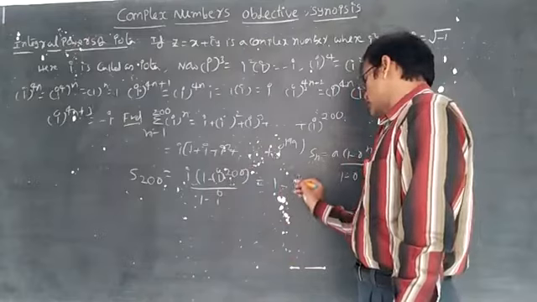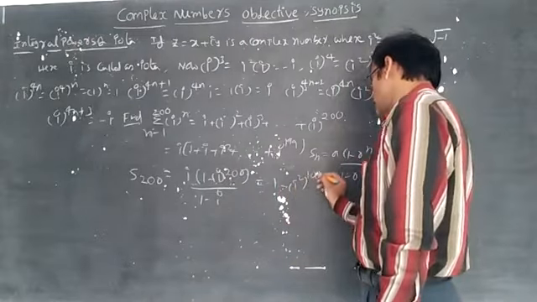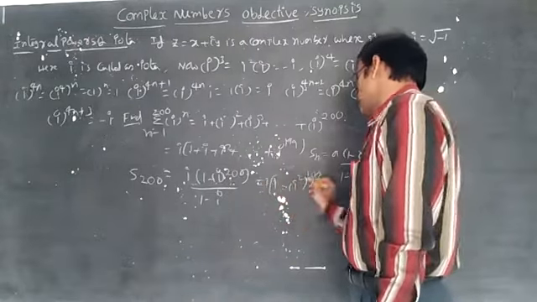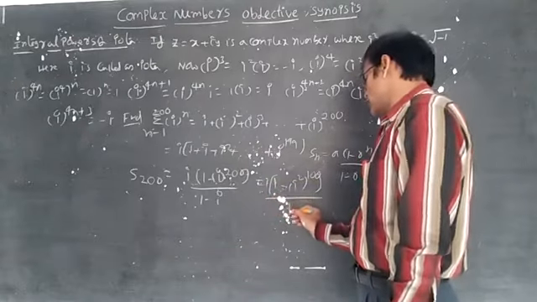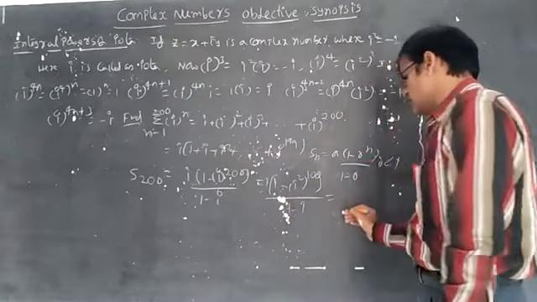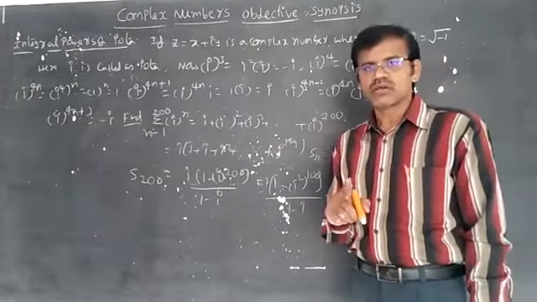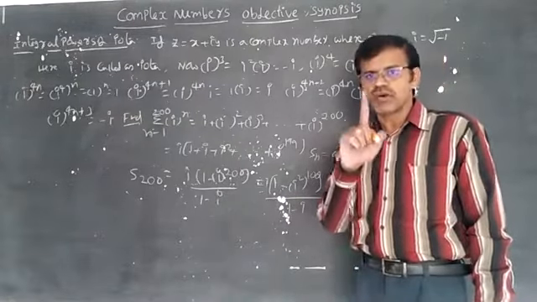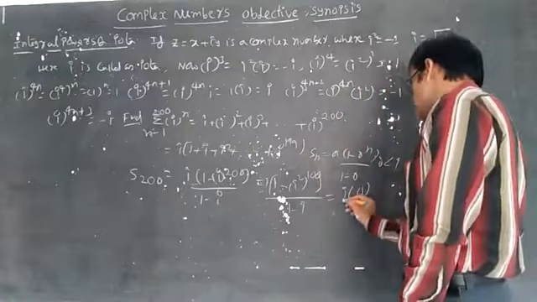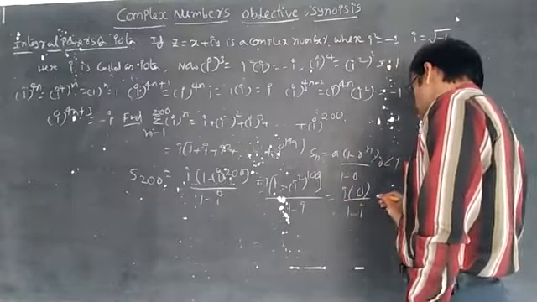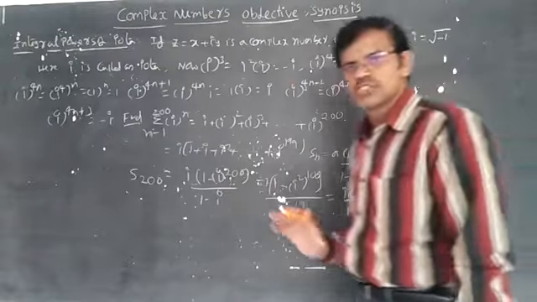So i into 1 minus (i square) whole power 100 by 1 minus i. i square means -1. (-1) whole power 100 means 1. So 1 minus 1 becomes 0. 0 by 1 minus i, so i into 0 means 0.